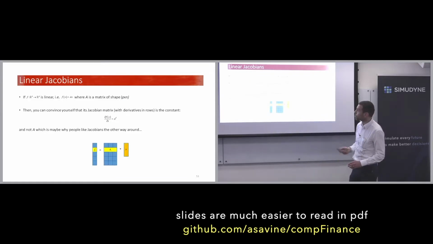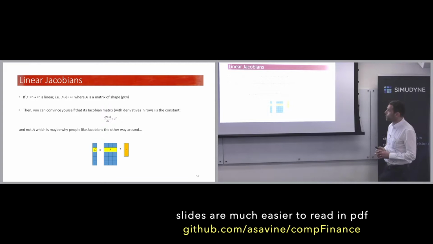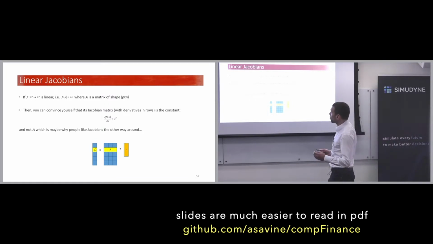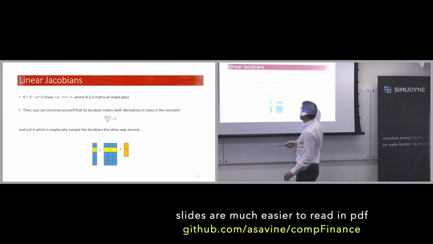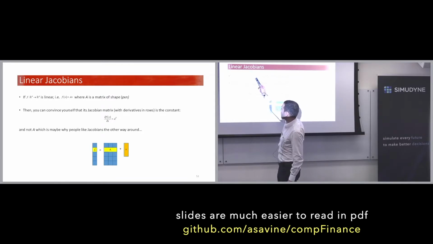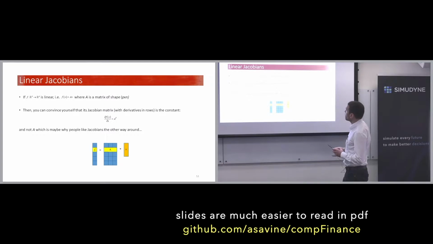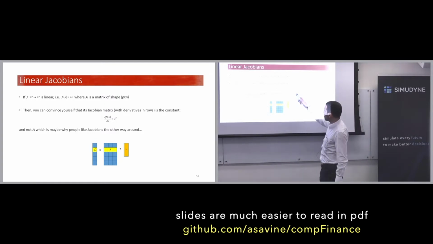Okay. A particular case that we'll be using is this of linear Jacobians. So if this function from Rn to Rp is a linear one, that means that there exists a matrix A of shape p times n, such that f of x is equal to Ax, then you can convince yourself that the Jacobian matrix, the way we wrote it with derivatives in rows, is A transpose, right?